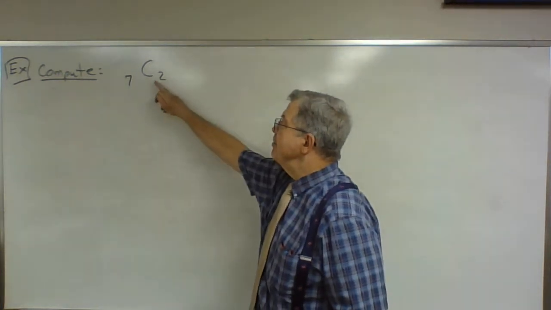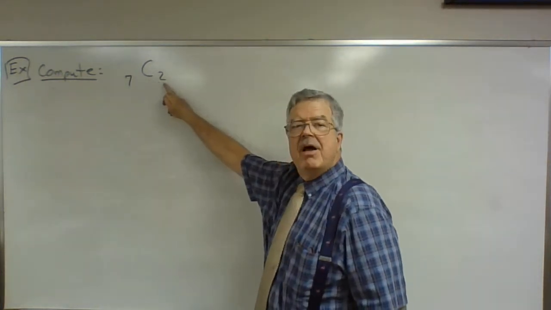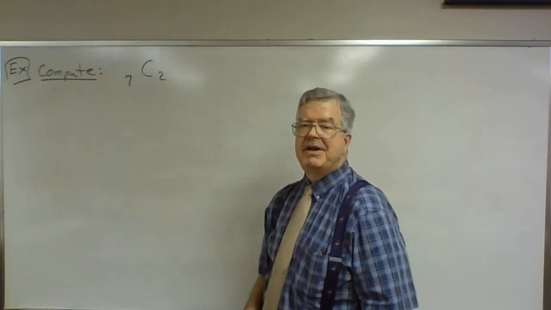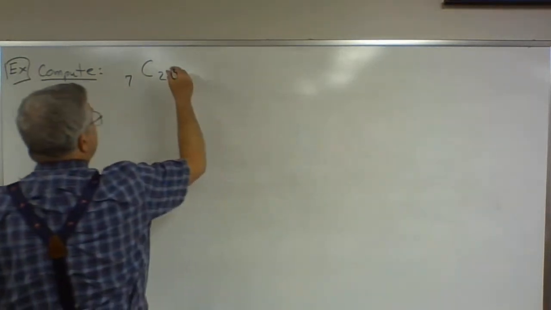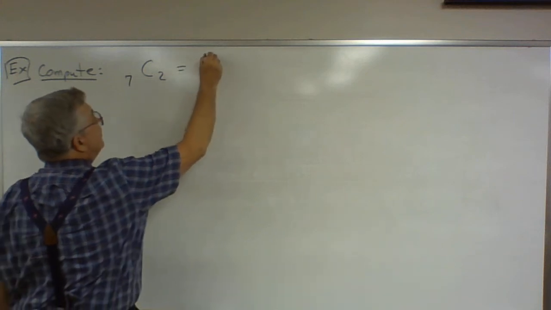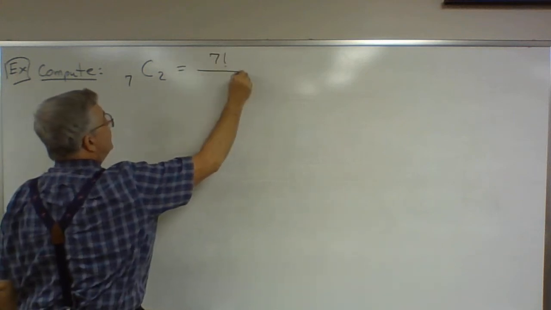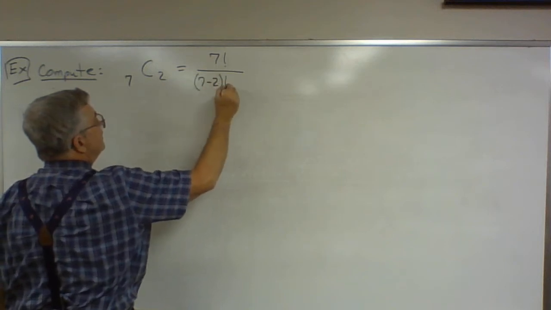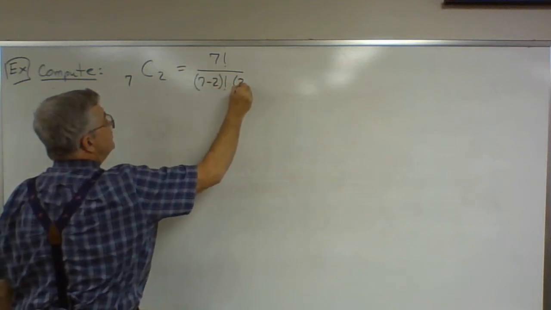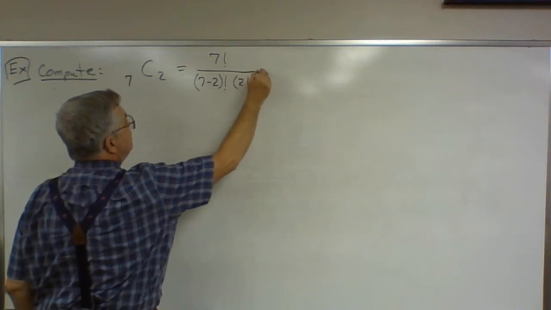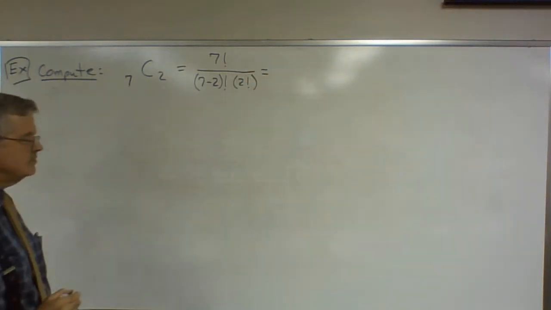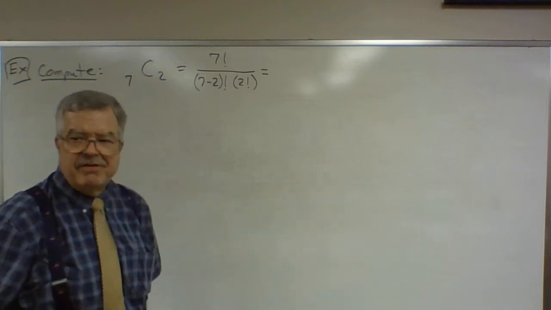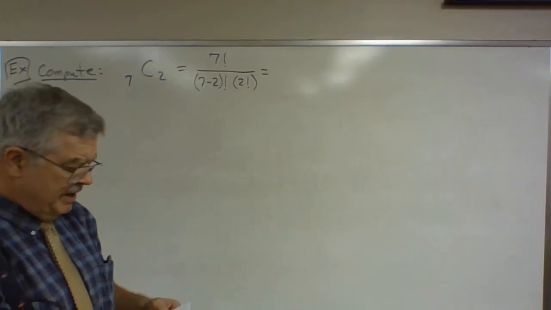Here we want the number of combinations of a set of 2 elements selected from 7 elements. And in terms of factorials, this is 7 factorial over 7 minus 2 factorial times 2 factorial. Let me write down what I got for this.